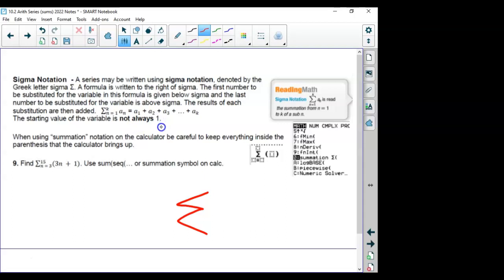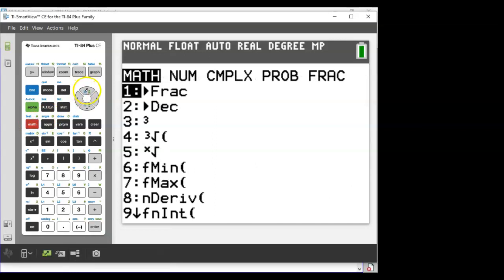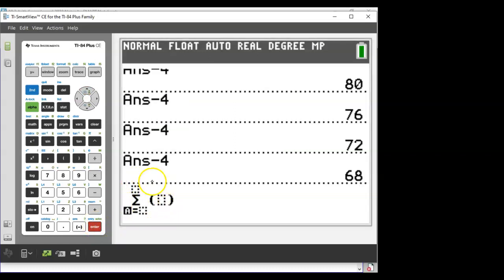There are several ways to do this on your calculator. If you have a newer calculator, it's very easy under the math menu. So you go to math and you scroll up or down until you find the summation. It looks like it's choice 0 on mine. And then you can just put in all these things.